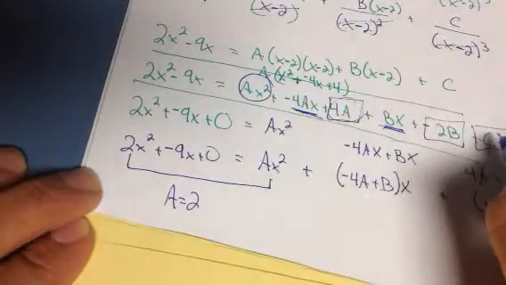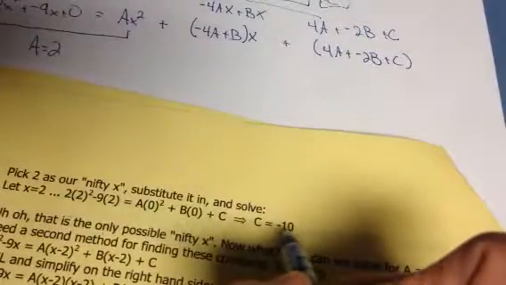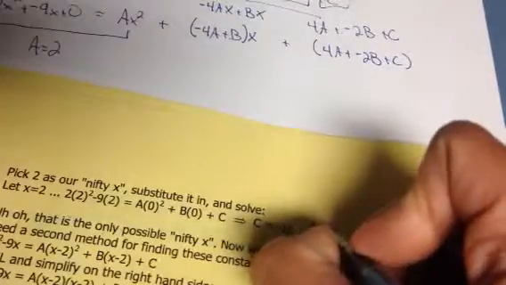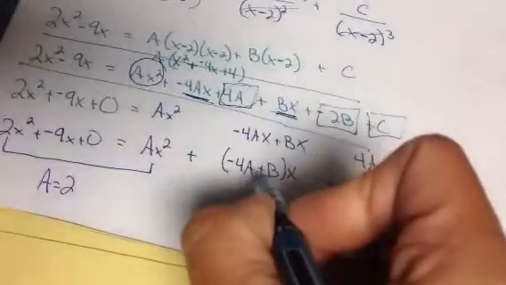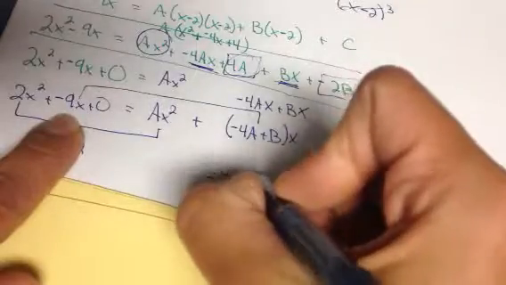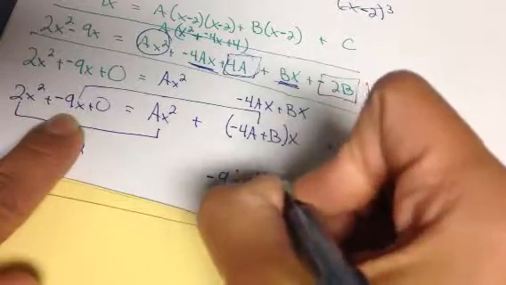Remember, she already knows c. She found that earlier. She realized that c is negative 10. Okay? So now we're just adding to the c is negative 10, now that she knows a is 2. So when she goes here, she knows that negative 9 has to be worth what negative 4a plus b is.